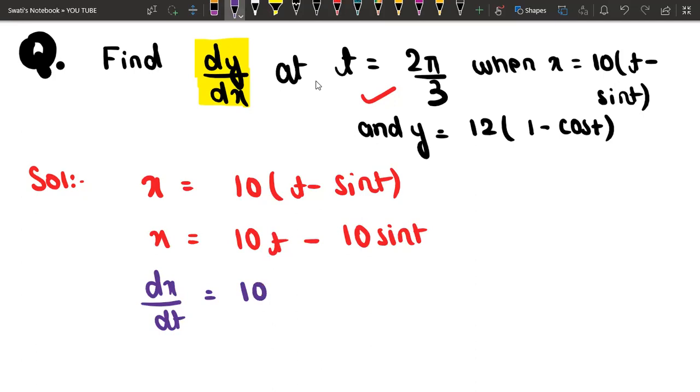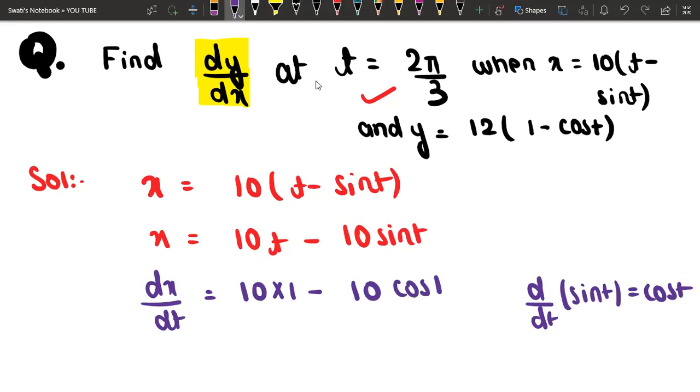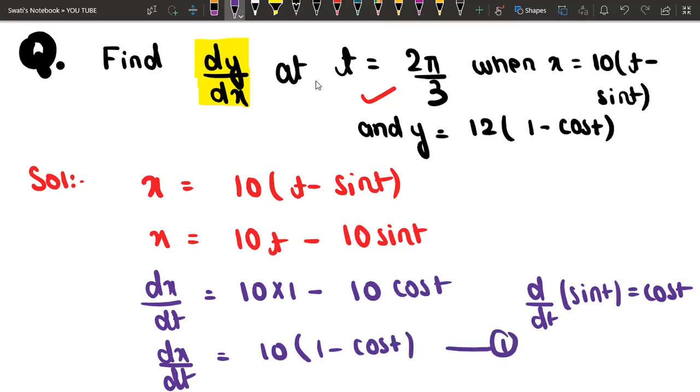And the derivative of t with respect to t is 1, so it is 1 minus 10 as it is because that's a constant. And we know that the derivative of sine t is cos t. So clearly this will become cos t. Therefore, we have the value of dx dt, that is 10 minus 10 cos t. If I take 10 common, it is 1 minus cos t. This is the value we got for dx dt.